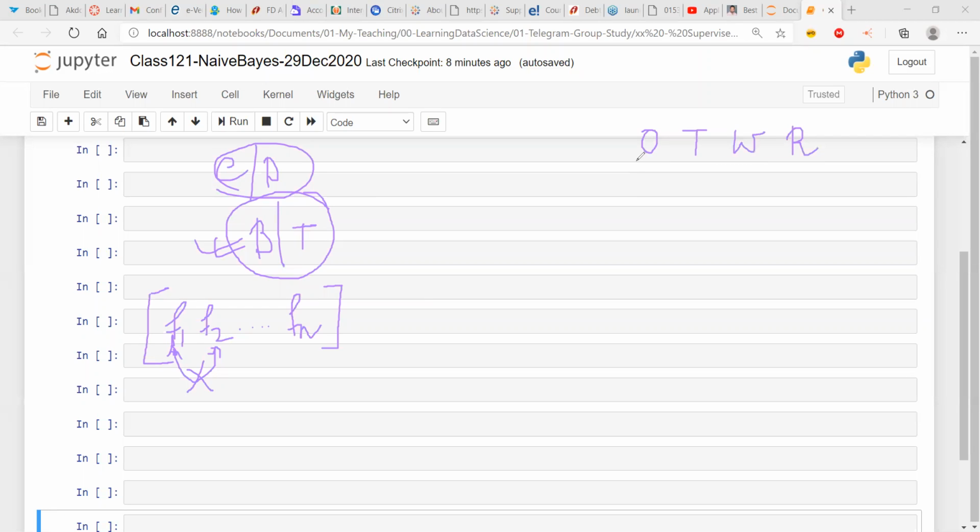Obviously, if Outlook is sunny, the temperature is going to be high. There is a very high chance that if the weather outside is sunny, the temperature may well be very high. So if not for the entire data set, then at least for some of the observations, there is some relationship between outlook and the temperature field, which should not be the case.